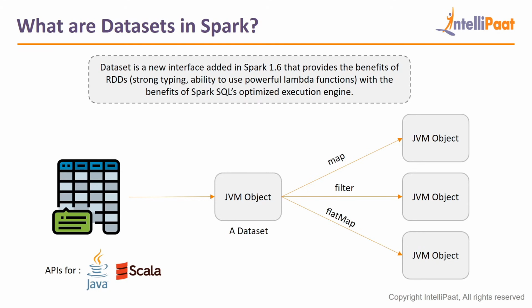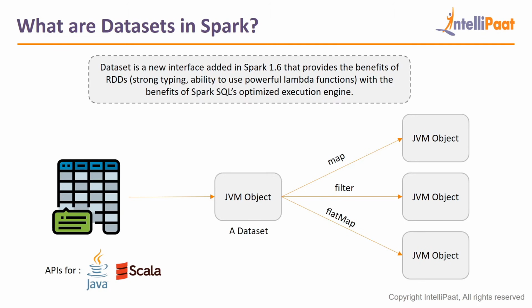But that's not it. We can further convert that particular object by various transformation functions like map, filter, flat map into further JVM objects, and those JVM objects are also datasets as well.